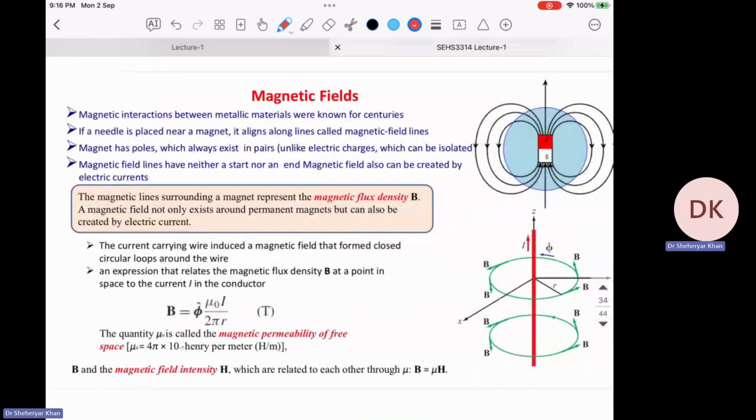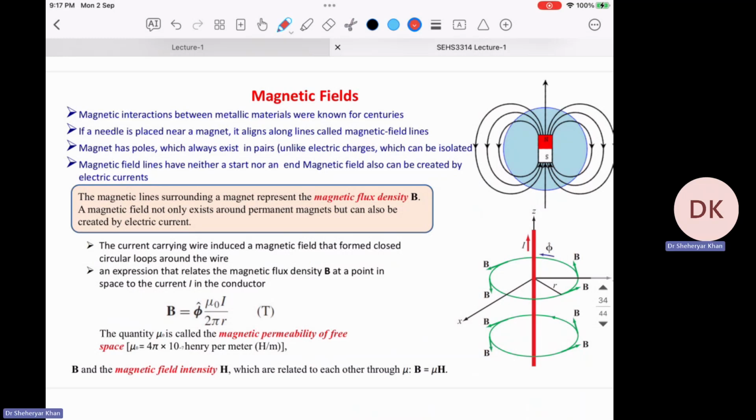Okay, let's quickly go through the magnetic field concepts, and then we try to understand the idea behind these terminologies. So previously, the magnetic interactions were known for centuries. People actually found some pieces of rocks that can attract metals, especially iron, right?